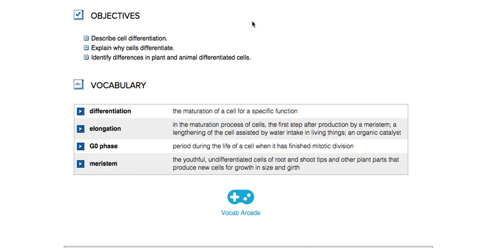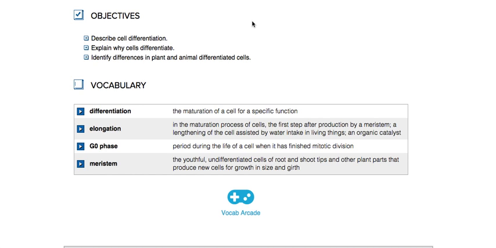But when you look at that process of differentiation, we don't really understand it well. What we do know is that it involves the turning on or off of genetic information in our cells, and the process begins with the very first division that occurs in utero.